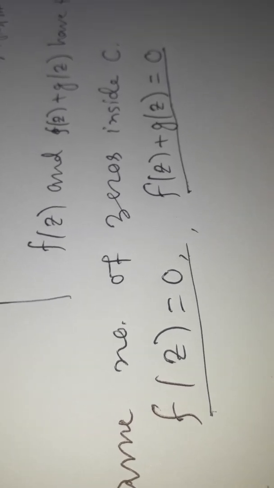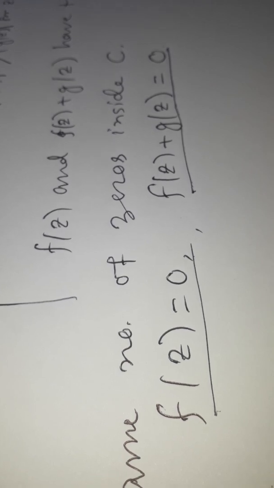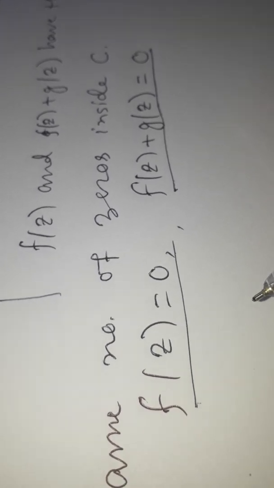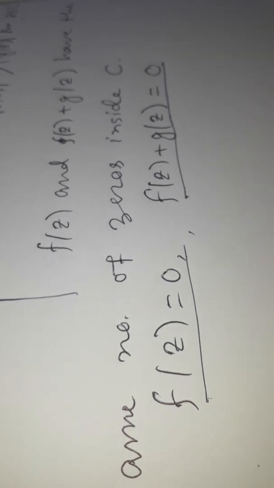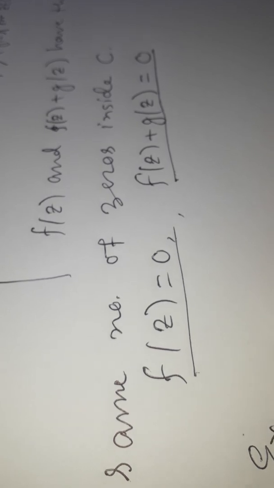Now this can be applied to find the number of zeros or roots of complex equations inside a curve. So for example, this is the example given in the book.